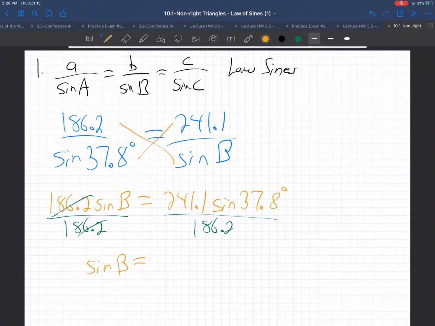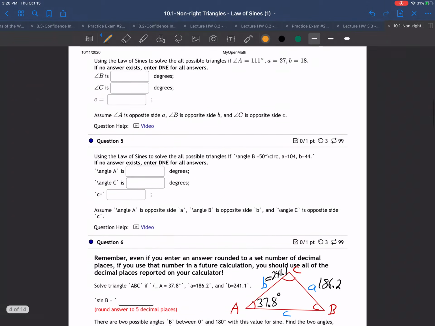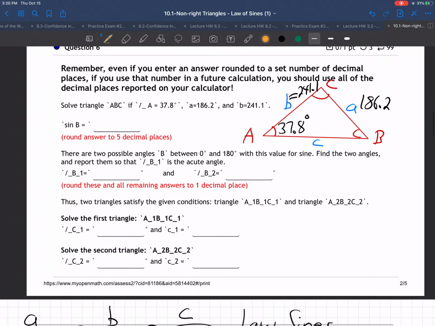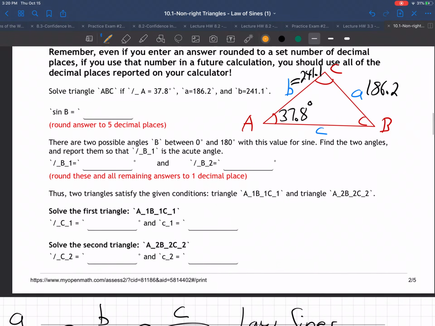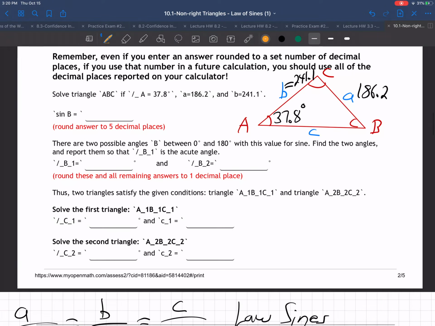I'm getting 0.793619. So that's probably enough digits right there. Now they want me to give just that answer first off. They say, what's the sine of B? Oh, round to 5 decimal places. Okay, so 0.79362.